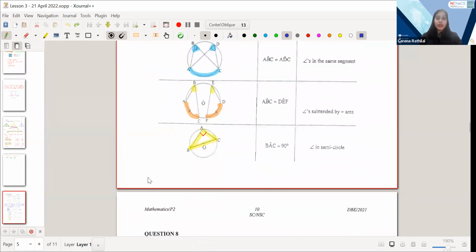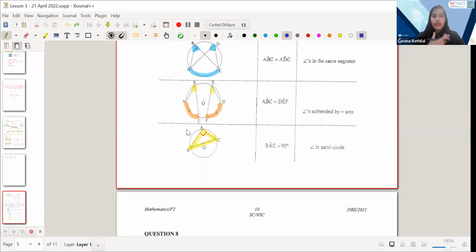Another important one that's definitely going to come in handy today is angles in a semicircle. Whenever you have a triangle drawn in a semicircle, where the vertices of the triangle lie on the circumference of the circle and one side of the triangle is the diameter of the circle, then the angle here, in particular angle A, is 90 degrees.